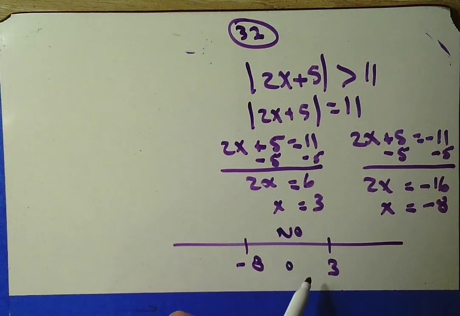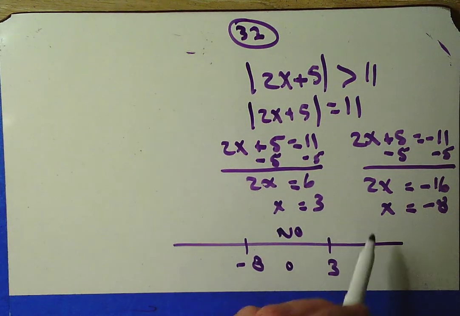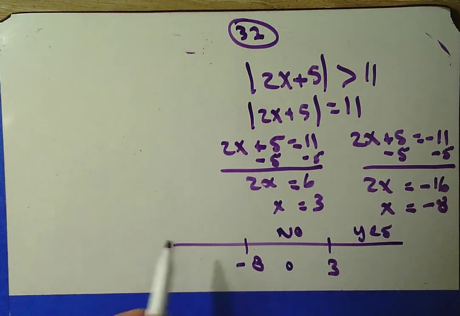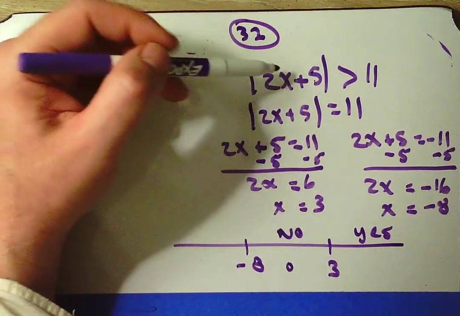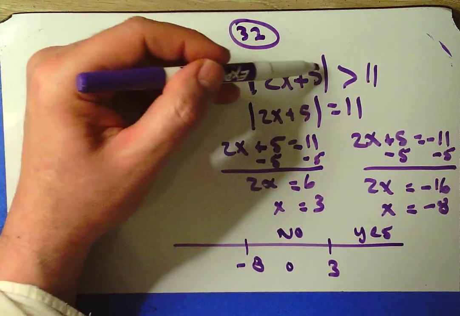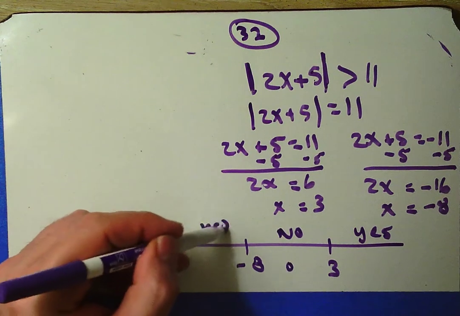No. If I plug in a 4, I get 8 plus 5 is 13. That is bigger than 11. And if I plug in a negative number, like negative 10, I'll have negative 20 plus 5 is negative 15, but the absolute value of negative 15 is 15, and that is bigger than 11.